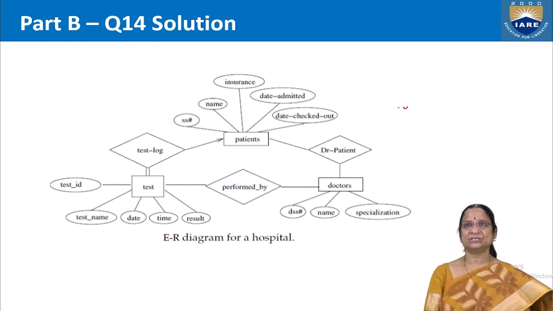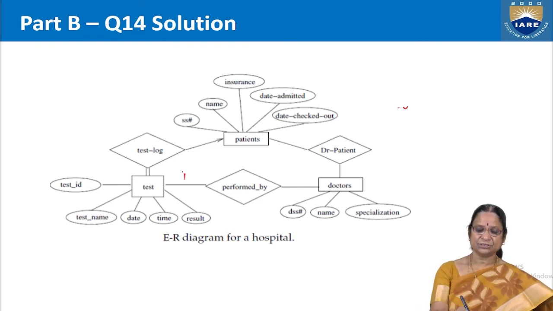So many to one relationship. Doctor-patient is a many relationship, because a doctor can treat multiple patients. A patient may be treated by multiple doctors also. And a single test may be performed by multiple doctors also. It depends upon the test, no? So that's why these are many relationships.